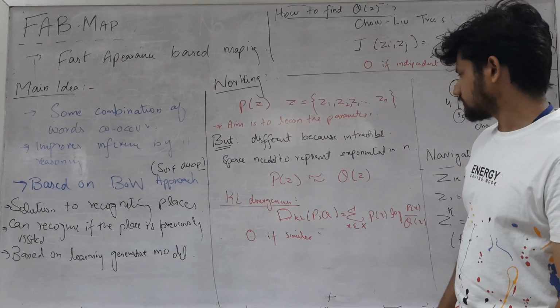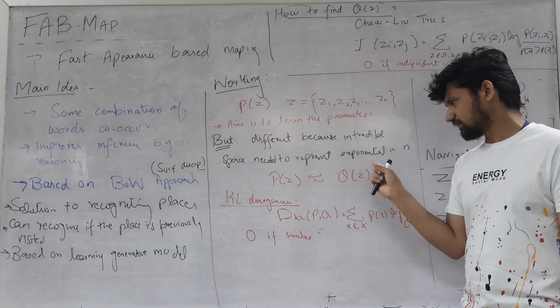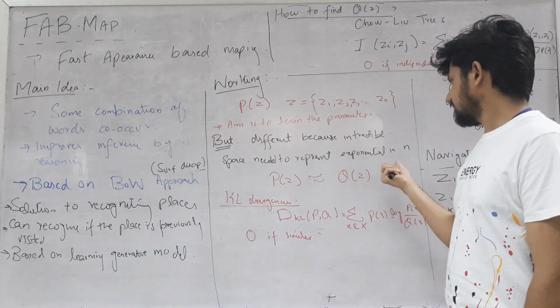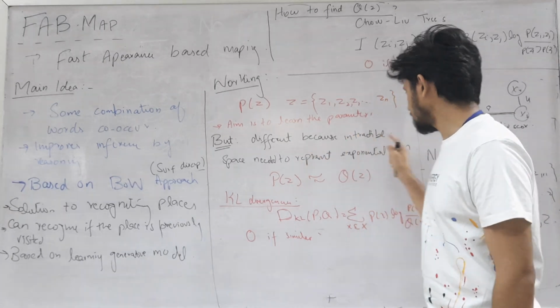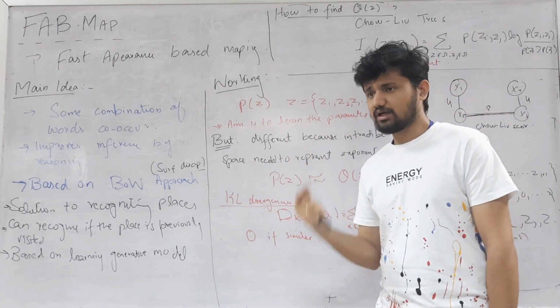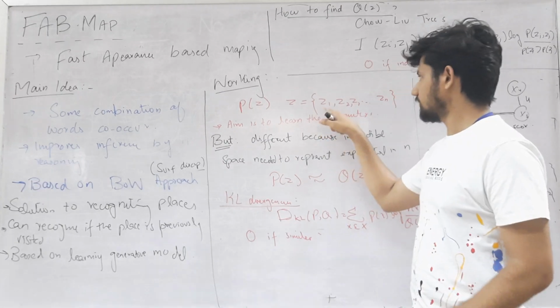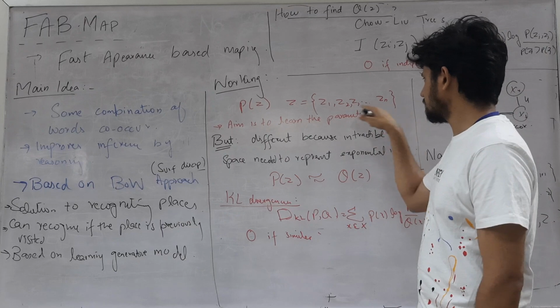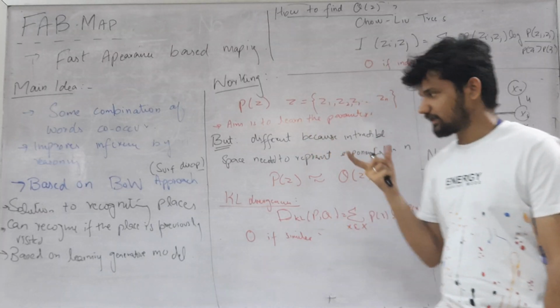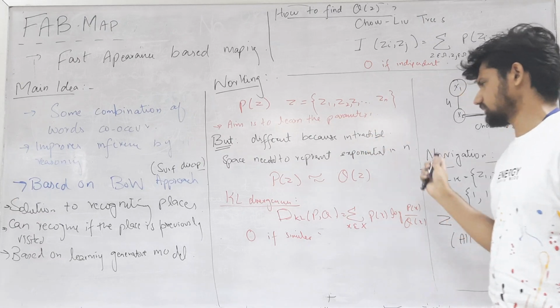Why? Because the space needed to represent this increases exponentially with respect to n, where n is the number of descriptors. In every frame new descriptors might come, this vector keeps increasing, and so the overall space needed to represent it also increases.